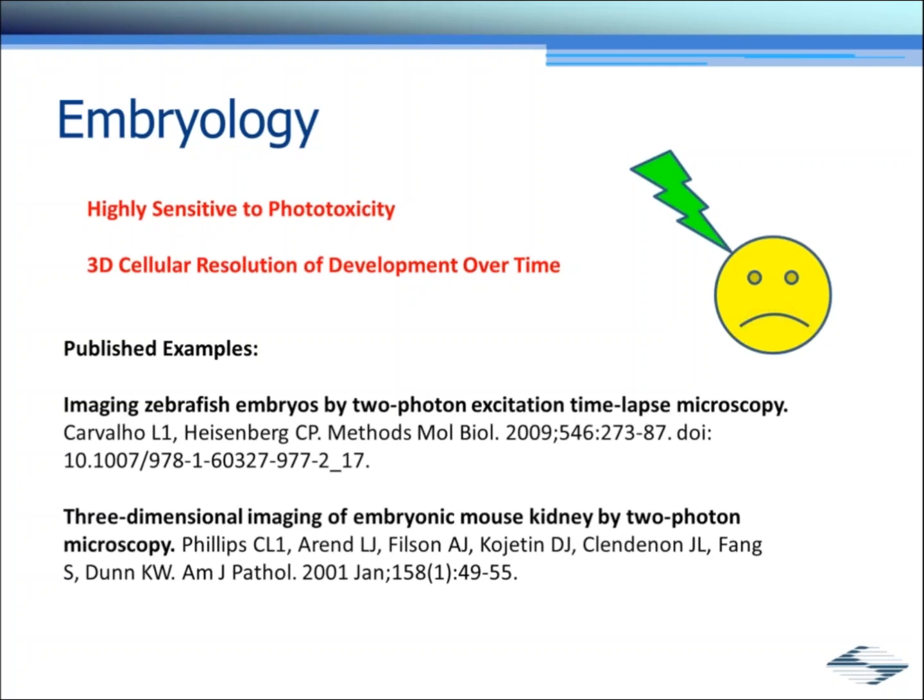Instead, if we look at our little graphic up here on the right, we use red light or infrared light, and this does not interact with the tissue as much as the single photon excitation light. Therefore, phototoxicity is greatly reduced. And in 2-photon imaging in embryology in particular, people find that they can actually image their embryos repeatedly as they develop over time without altering their developmental behavior.